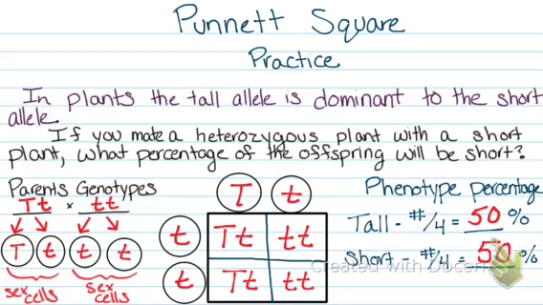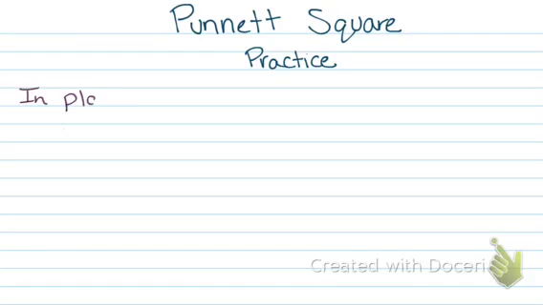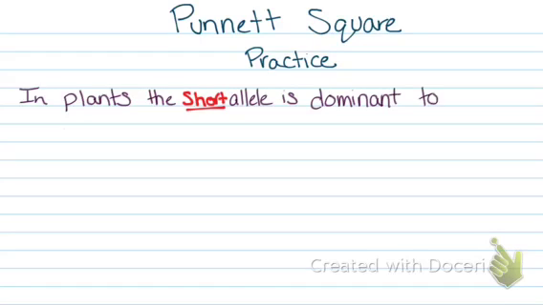So now we're going to move on to another Punnett square problem. This time we're going to switch things around a little bit. Instead of tall being dominant, we're going to say in plants, short is now dominant. So the short allele will be dominant to the tall allele.